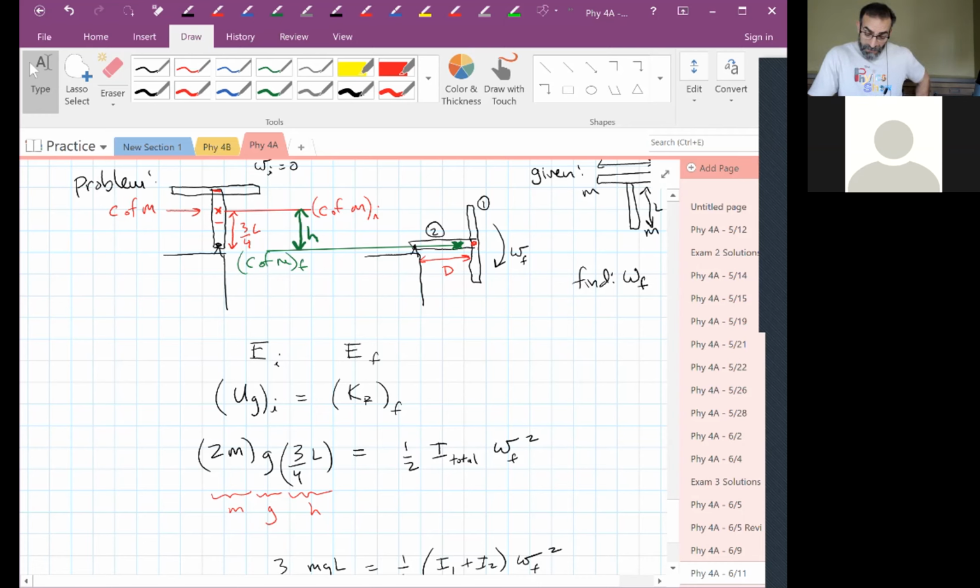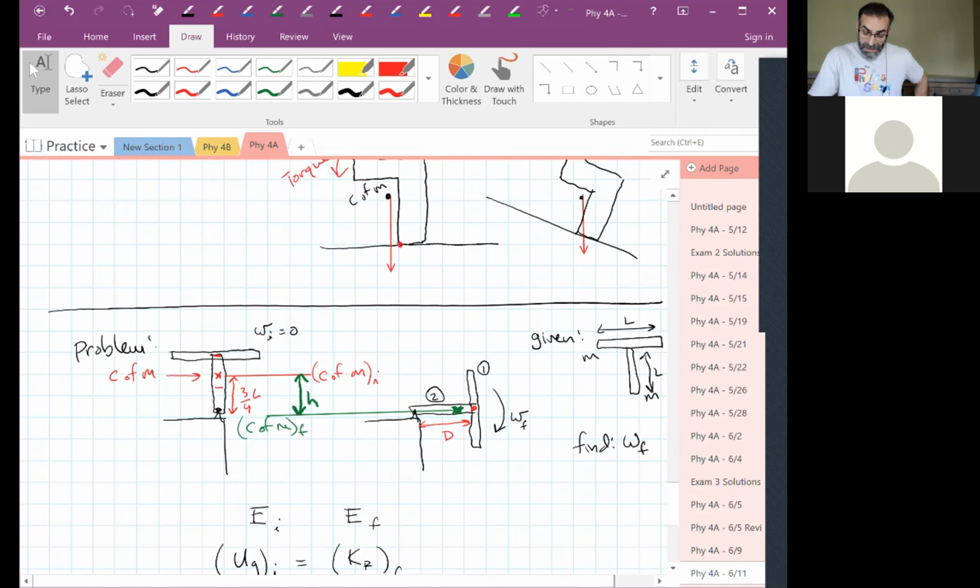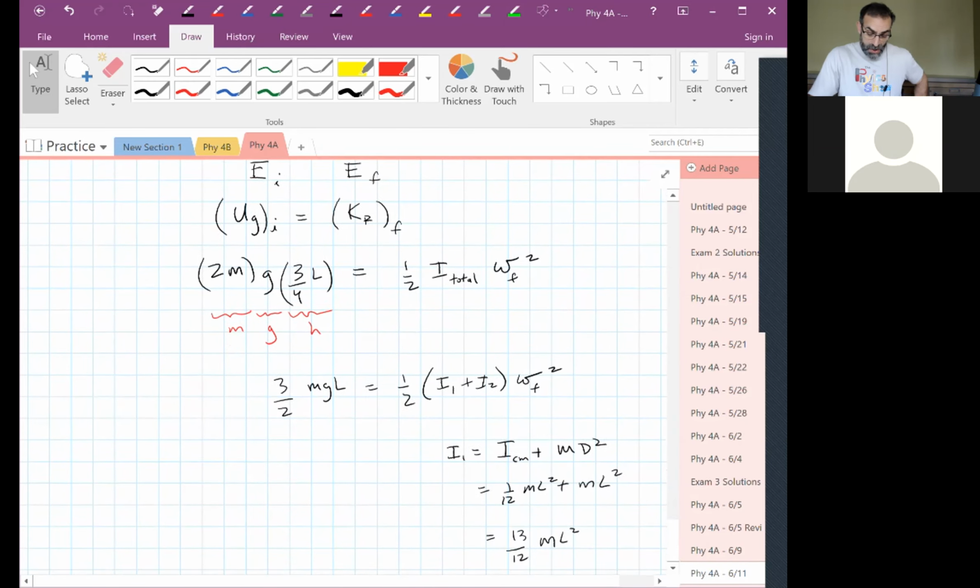Then it says, for I1, can we make the rod into a point mass at the center of mass and calculate inertia? No, because what you end up with is only this part, right? Only the second part from the parallel axis theorem. You're not going to end up with this part then. So that's not the same thing.